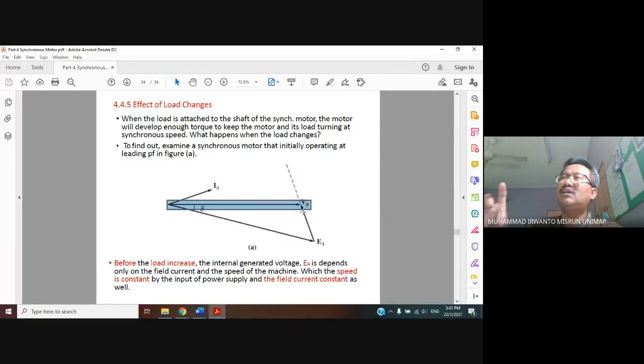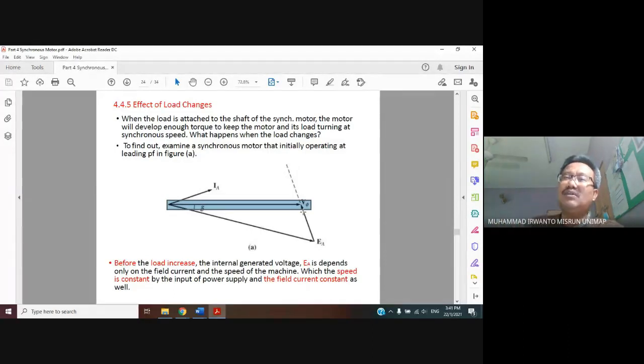Remember, terminal voltage, line-to-line voltage is equal to root 3 multiply phase voltage. But if the connection is delta, terminal voltage, line-to-line voltage is also equal to the phase voltage.